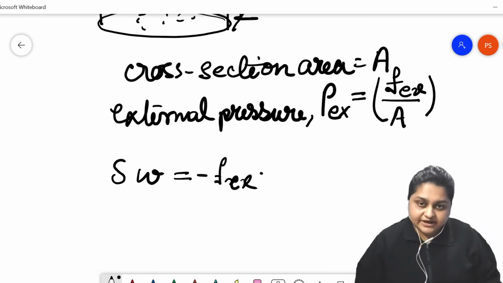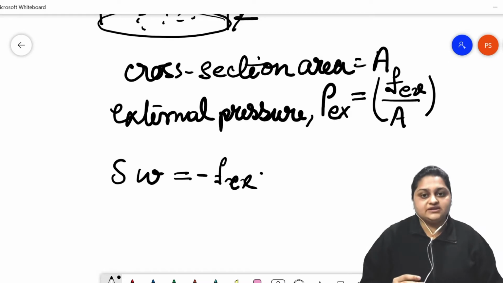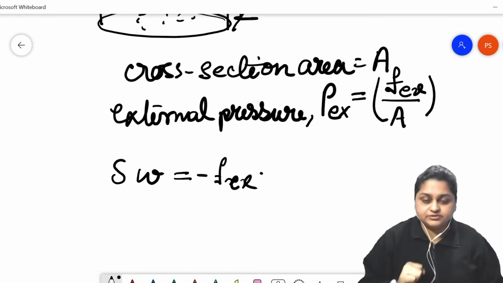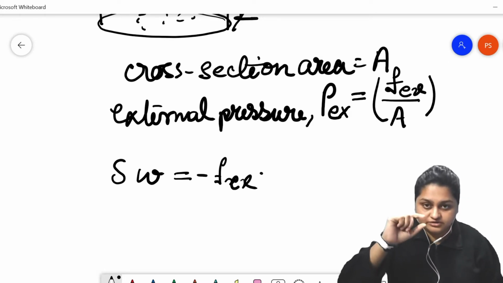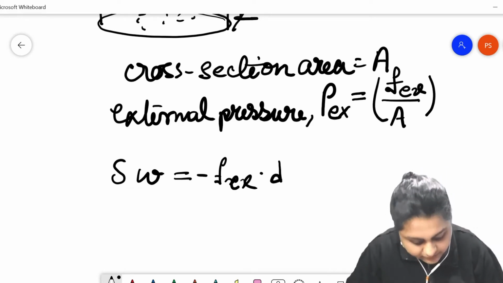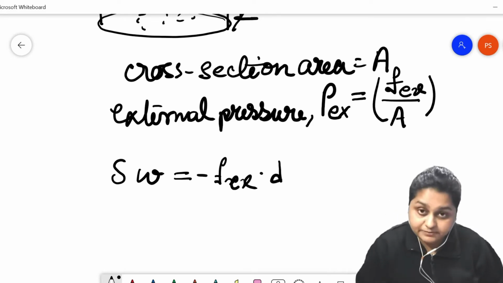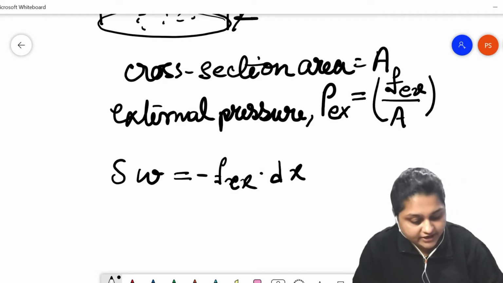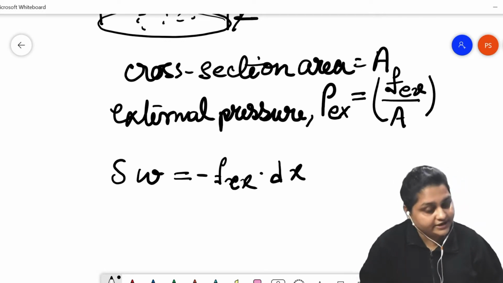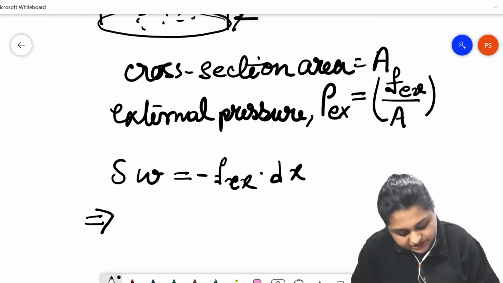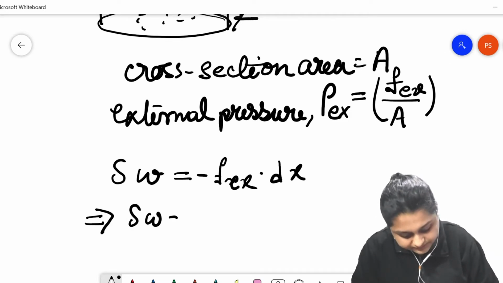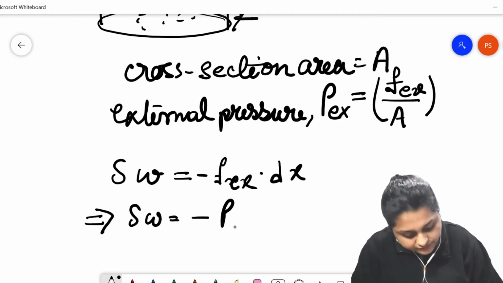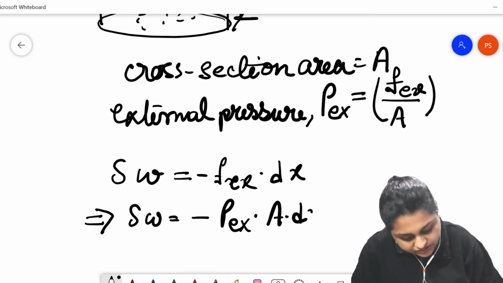The displacement that had happened is that the height of the piston has increased by dx. So it is minus Fex multiplied by dx. Now we have calculated that Pex equals Fex by A, so we can substitute this Fex value with minus of Pex into A into dx.